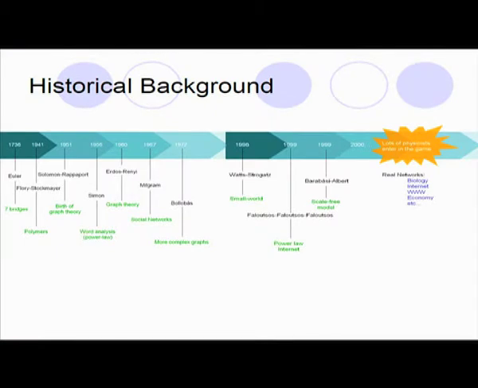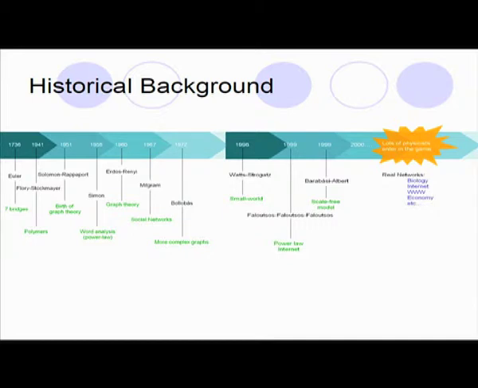Now suddenly, somewhere around 1998 to 2000, if you look at the timeline, a lot of statistical physicists started taking interest in modeling complex systems as networks or complex networks.